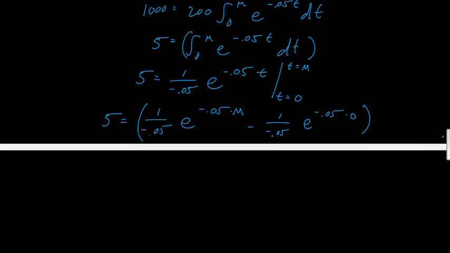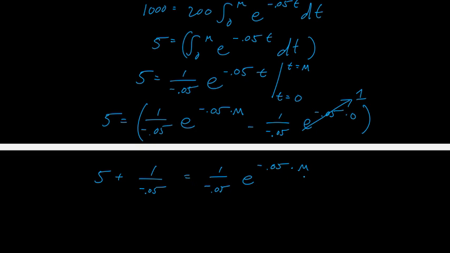Now, how do I do that? Actually, first I'm going to notice that this whole thing here is really e to the 0, so that's 1. I can add that over to the other side, so I'll have 5 plus 1 divided by negative 0.05. And then this thing is going to be equal to 1 divided by negative 0.05 e to the negative 0.05 times m.